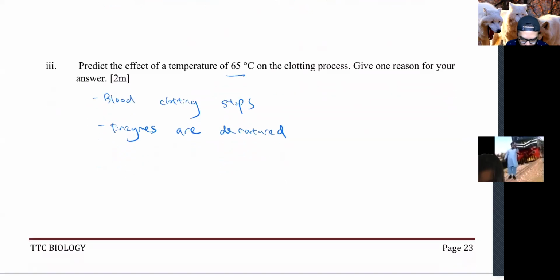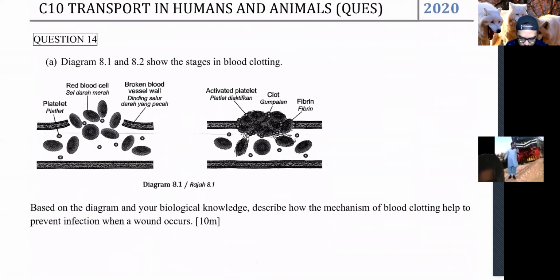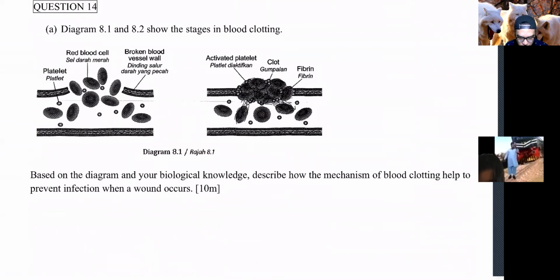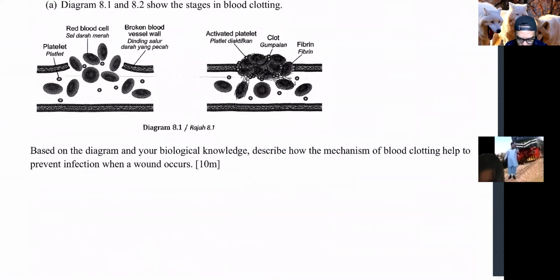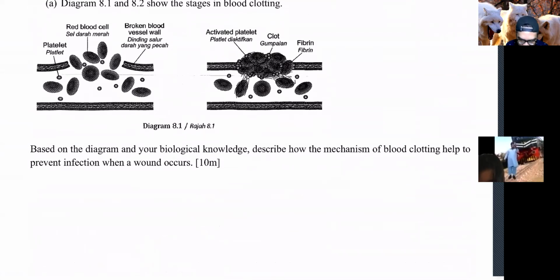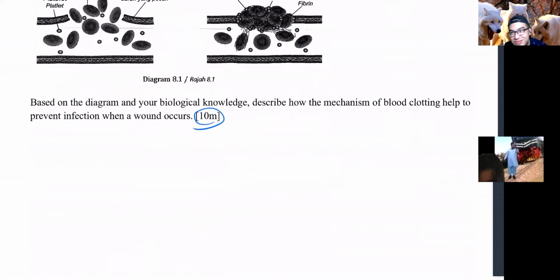Next, question 14. Let's discuss one more question, then we shall go. Diagrams 8.1 and 8.2 show stages in blood clotting. Describe how. This is like the dream question in your exam, 10 marks. You write back what you wrote up there, you get all 10 easily.